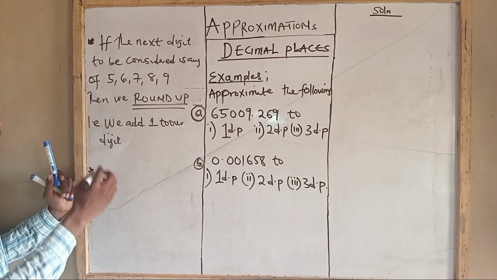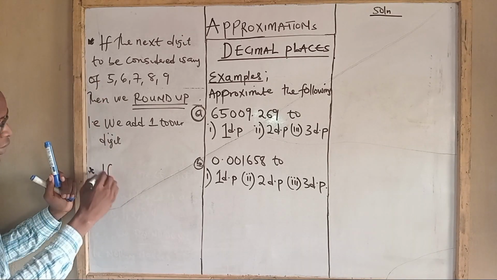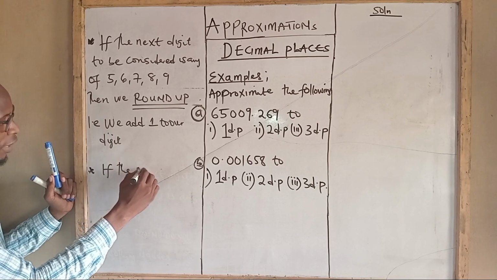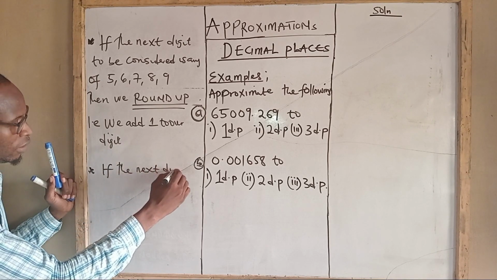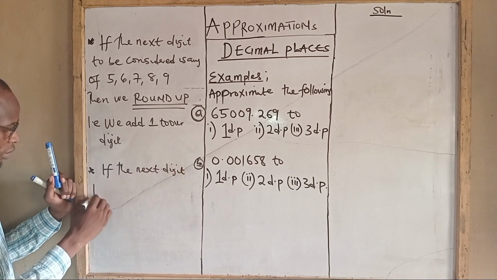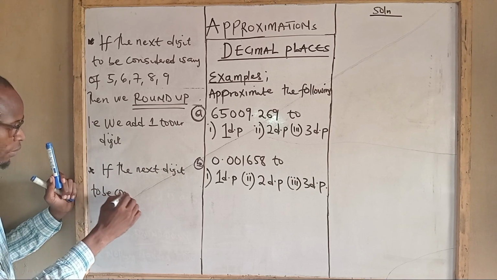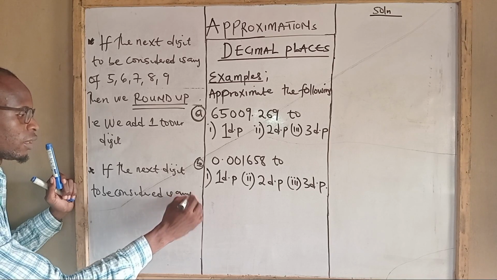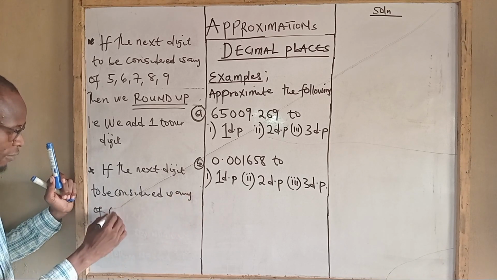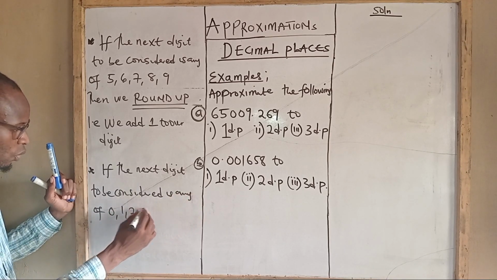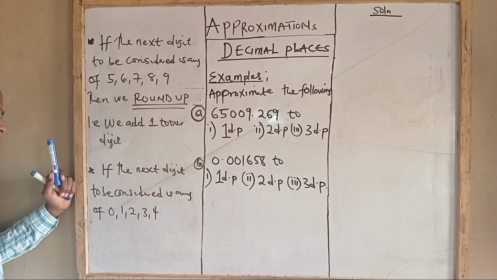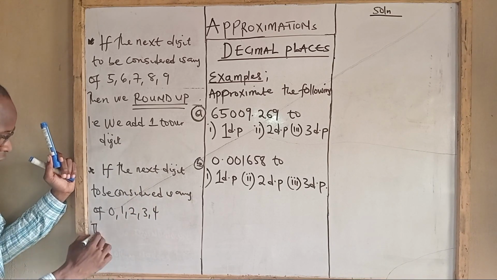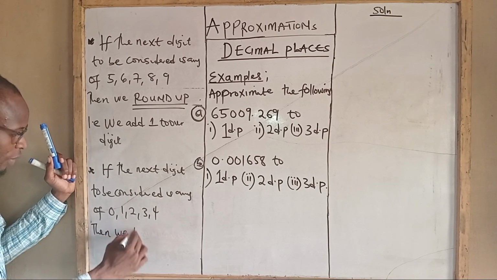The second term is the same construction. If the next digit to be considered is any of 0, 1, 2, 3, up to 4, then we round down.